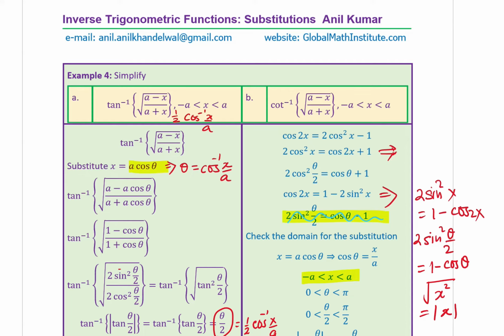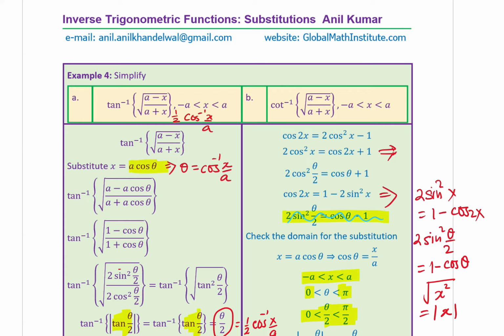Now, theta will be between 0 to pi, because we are talking about the inverse of cos theta, which gives you all the values. Now, theta by 2 will be between 0 to pi by 2. And within 0 to pi by 2, we know that tan theta by 2 is always positive. And therefore, we took it as tan theta by 2.